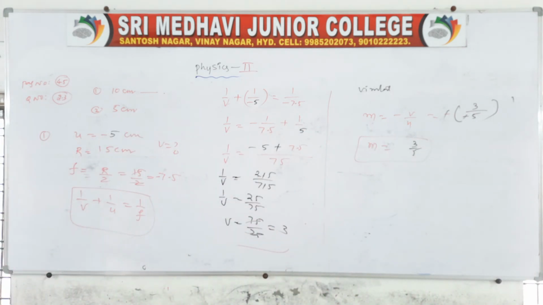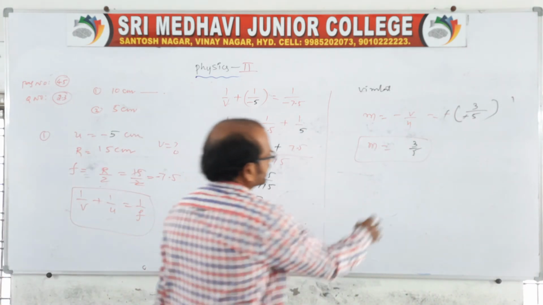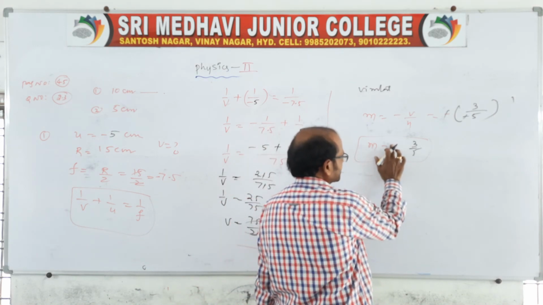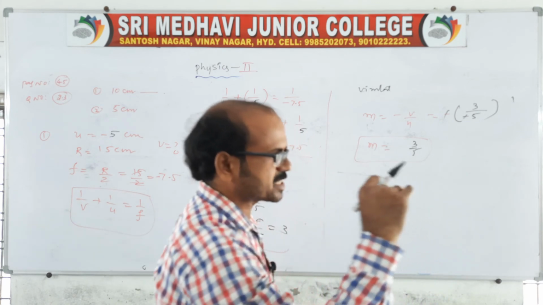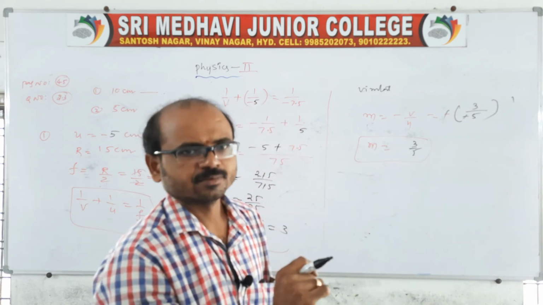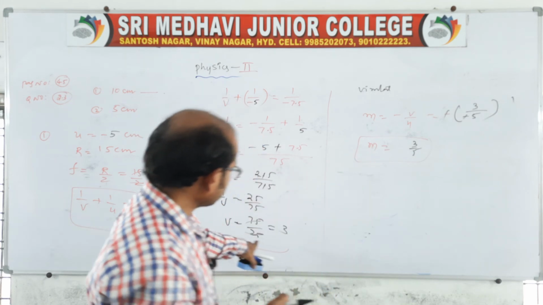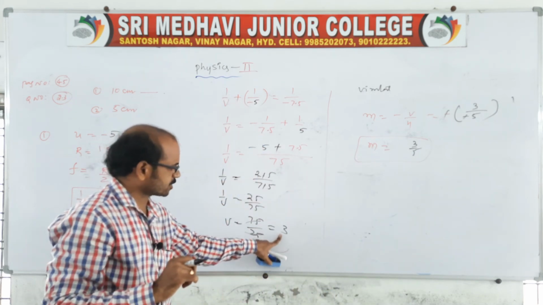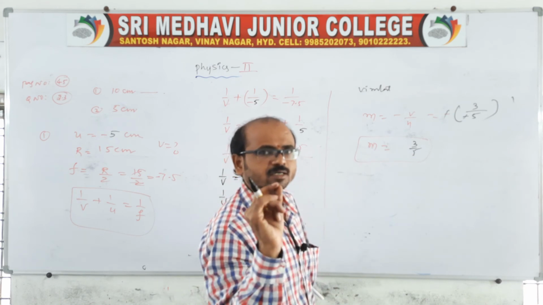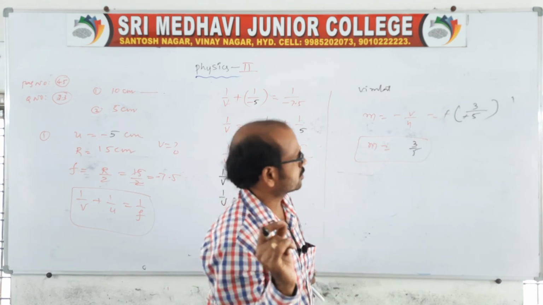So virtual and direct. It is virtual and direct because the magnification is positive, no? When magnification is positive, it means the object is between the focus and the optic center. Magnification is positive and the image distance we are also getting positive, no? Therefore the object is between the focus and the optic center.